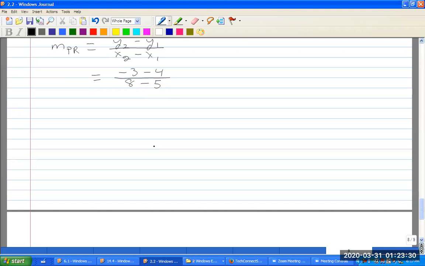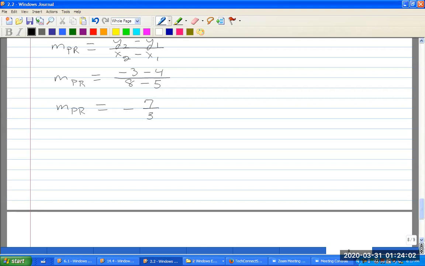And so I get the slope of PR, negative 7 over 3. So that's the slope of the line through the points P and R.